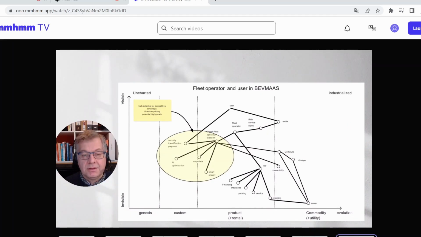So the digital services are what are most visible to the customer, and there are also many emerging digital solutions that can reduce friction, enhance security, and optimize operations for the fleet operator. These become the new competitive advantages.